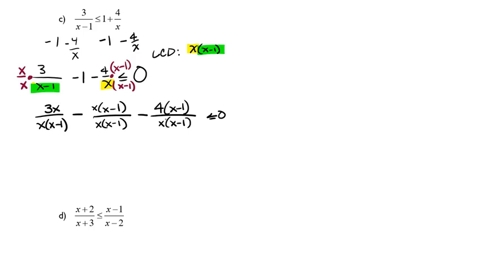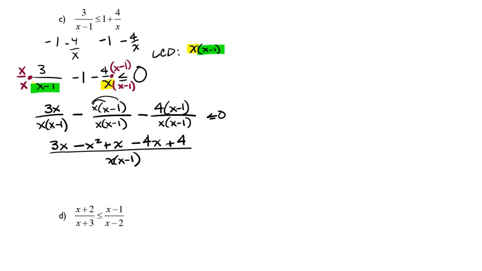So now we just need to combine these all over one denominator. And I'm going to go ahead and distribute that negative x through to each term on the inside of parentheses. That will give me a negative x squared plus x and a negative 4x plus 4 all over x times x minus 1.